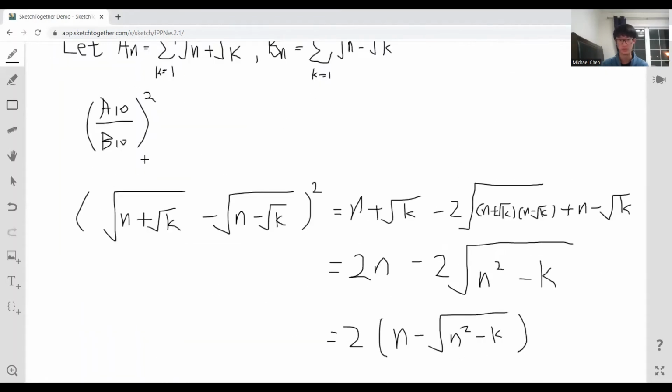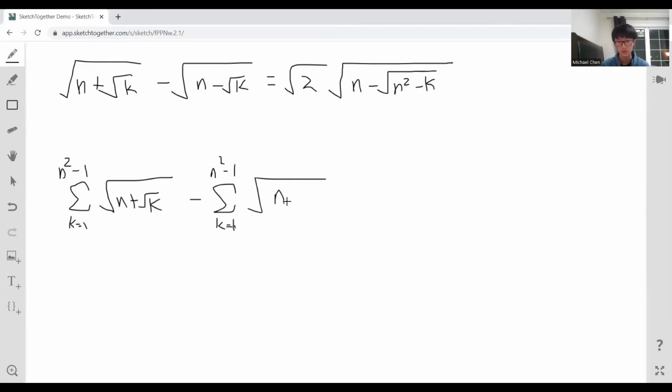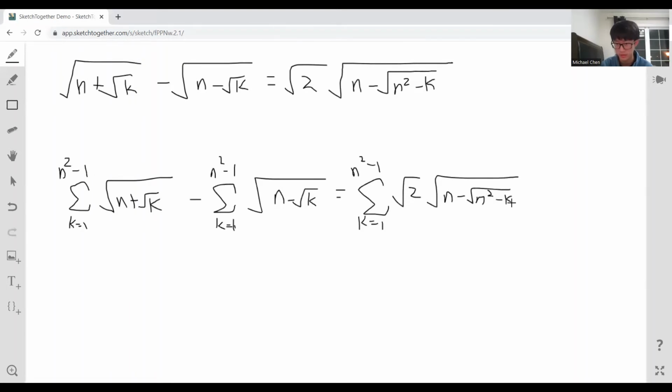So if we take the sum of both sides, that will be sigma k equals 1 to n squared minus 1 of this expression over here. Since we can break the sigma into 2 sigmas, that's the left-hand side. The right-hand side would be sigma from k equals 1 to n squared minus 1 of root 2 times root n minus root n squared minus k.